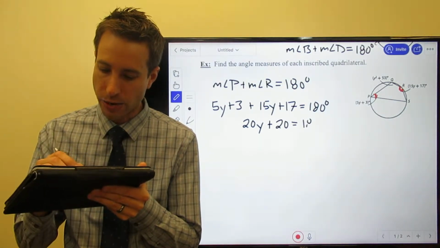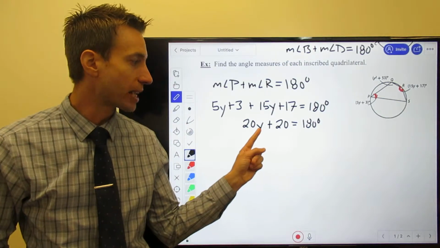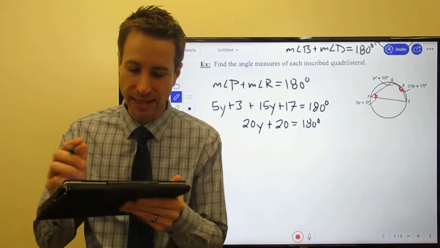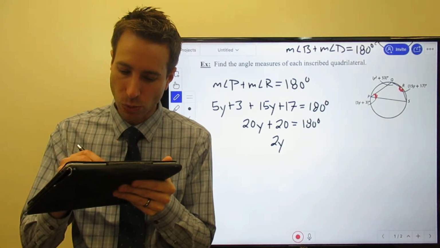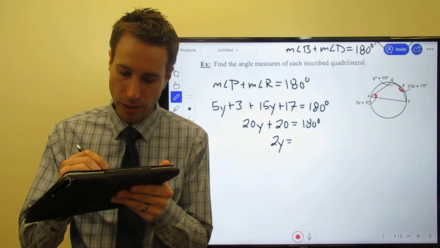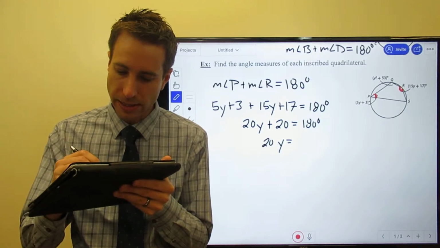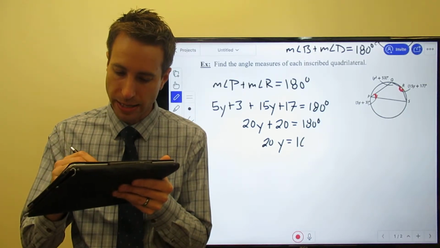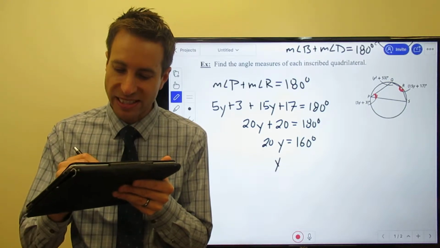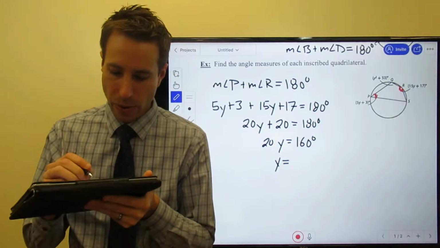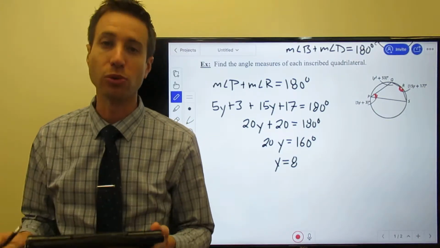That's equal to 180 degrees. How do I get the y by itself? Absolutely. You will subtract the 20 to the other side first. 20y is equal to 160 degrees. Divide both sides by 20, and we get y is equal to 8.